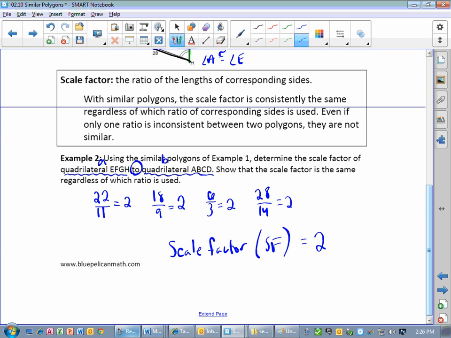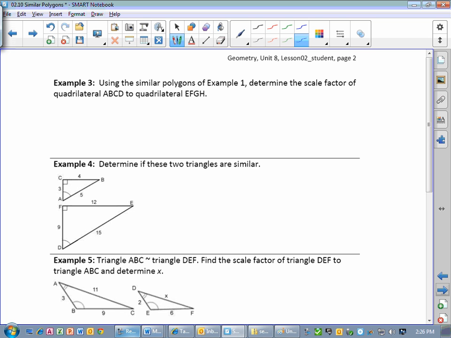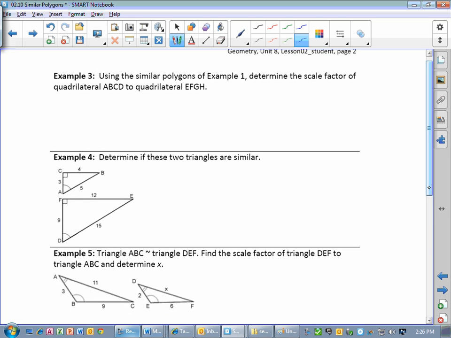Example 3. Read example 3 to yourself and figure out what is different between example 3 and example 2. It's, by the way, instead of 22 over 11, wouldn't it be 11 over 22? So it's reverse.